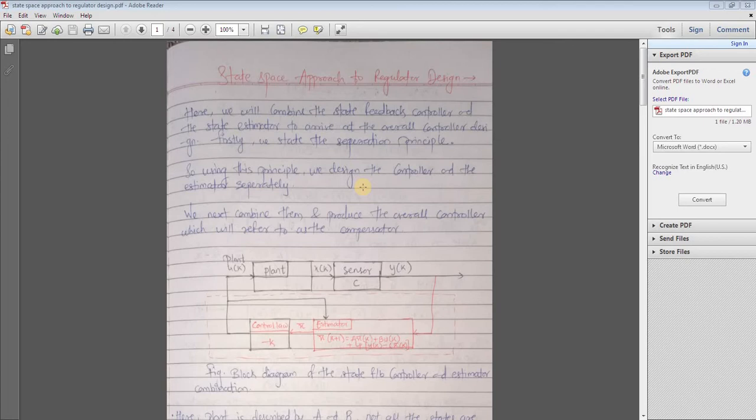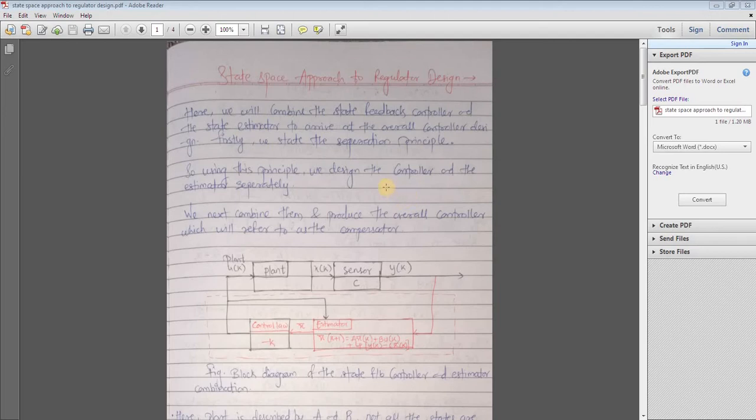Now we state the important result known as the separation principle. The state feedback controller can work only if all the states are available. So while designing the controller, we assume that the states are estimated by an estimator. Next we look at the assumptions involved in the use of the estimator.